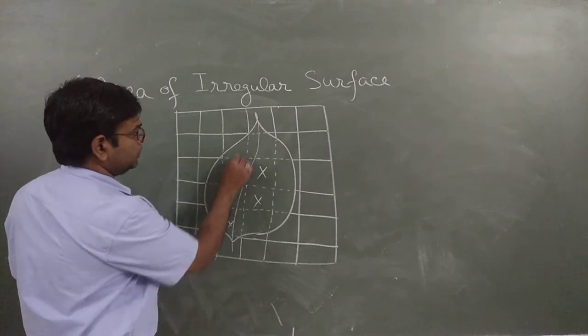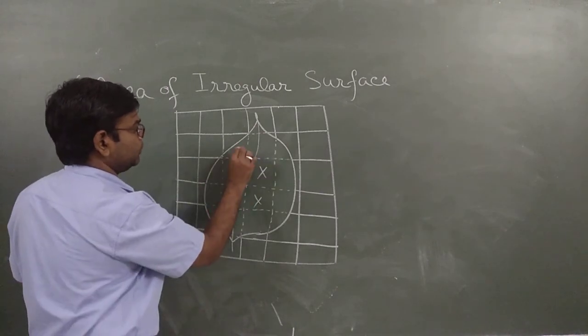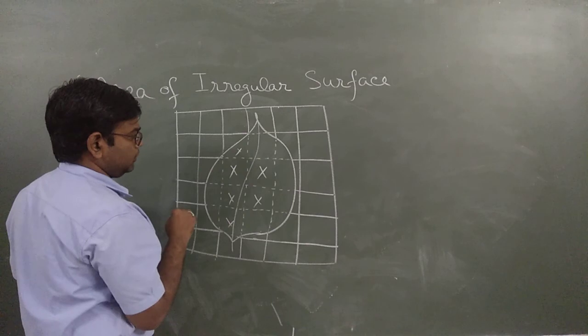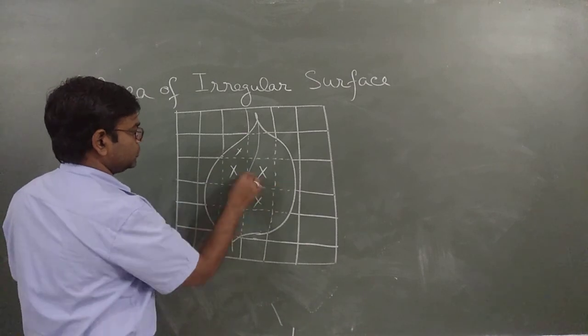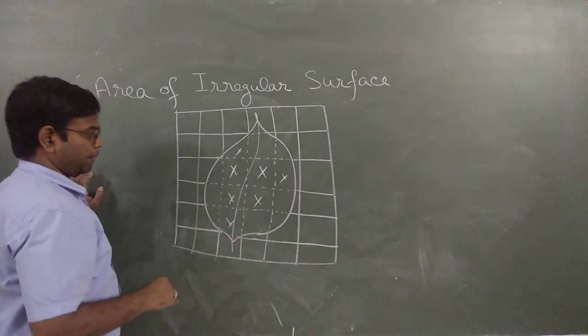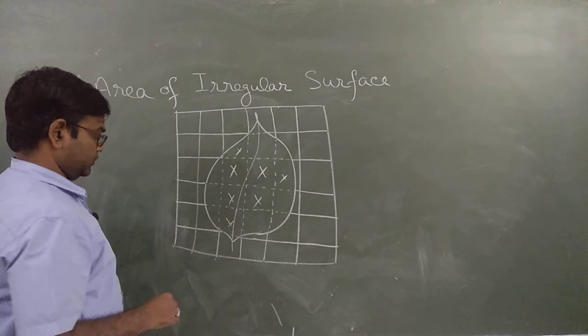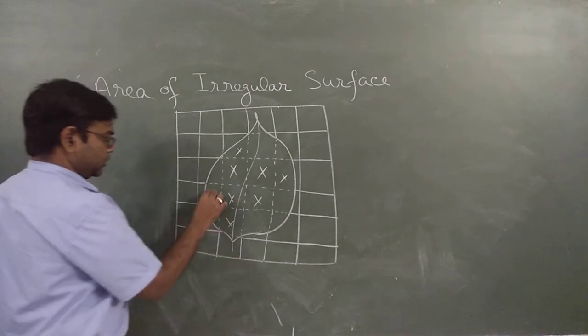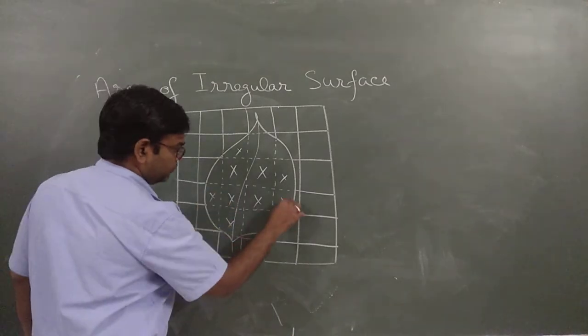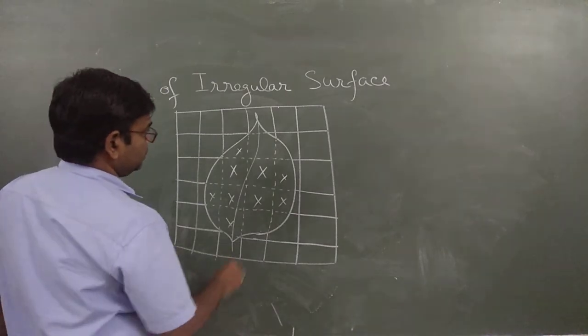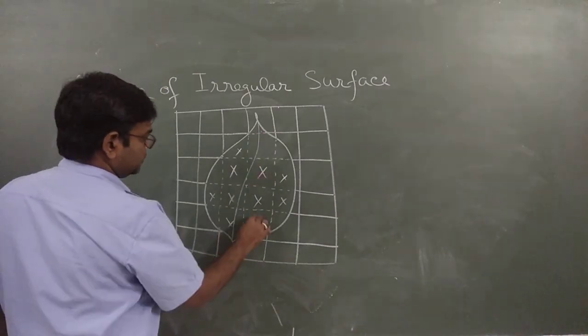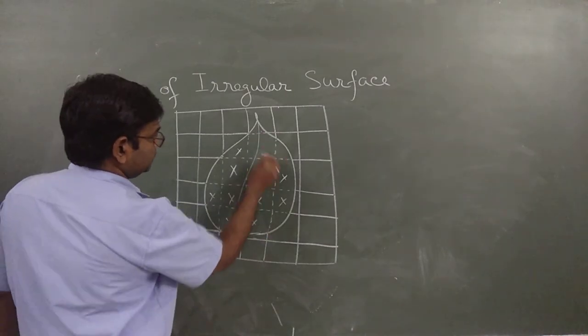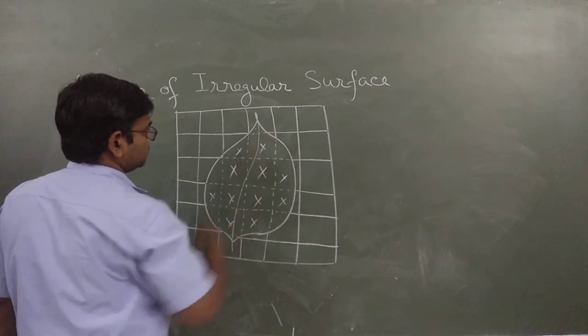If you consider these two, they make one box. These two also consider as one box. It's an approximation. These two consider one box, these two consider one box, and this, this, this and this consider one box.